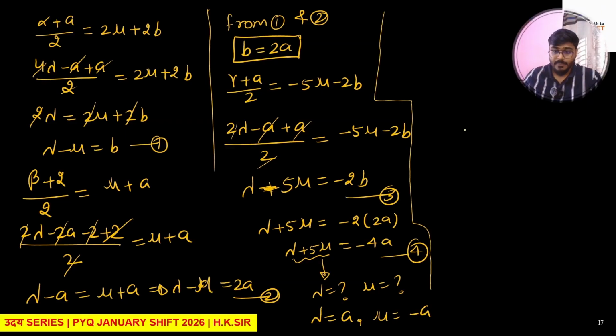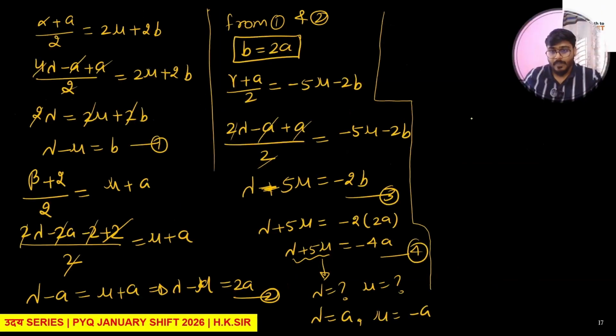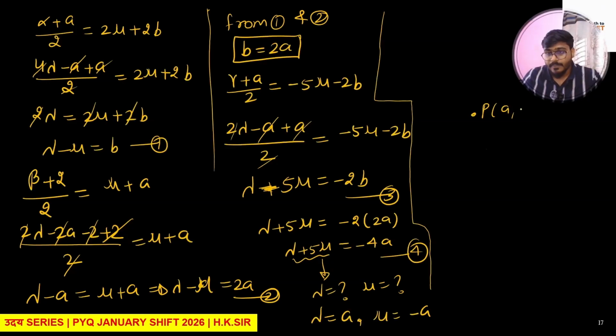How to find? Look, here alpha beta we know, and this one we also know. So in this equation this is the point P, a comma 2 comma a.